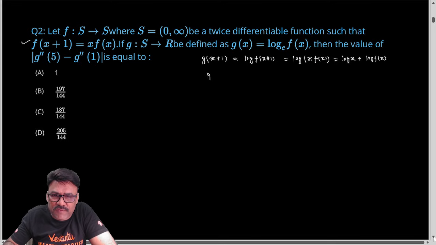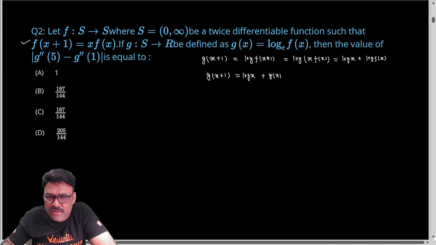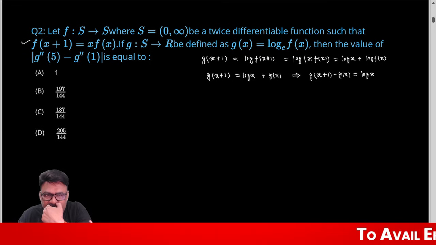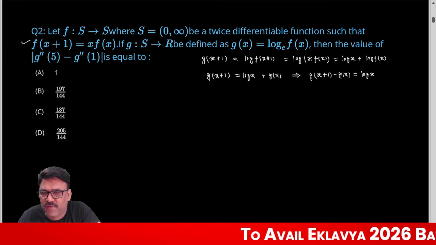That means g of x plus 1 is log x plus g x, since log f x can be replaced with g x. So finally I'm getting g of x plus 1 minus g x is equal to log x.